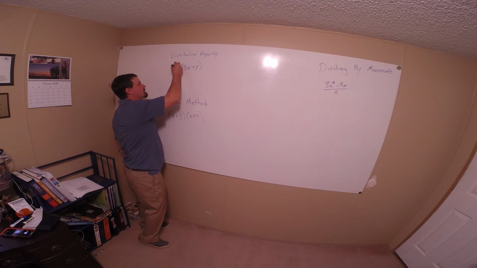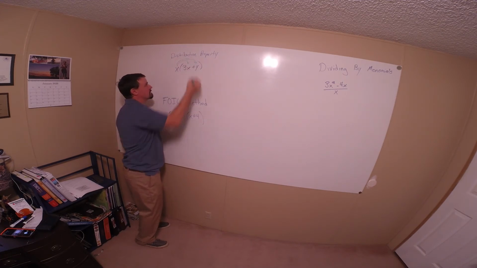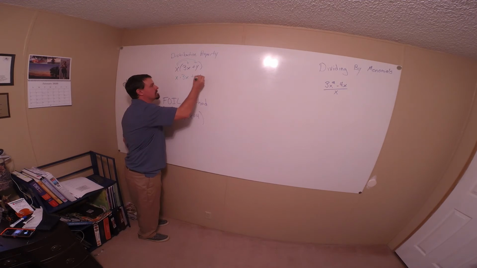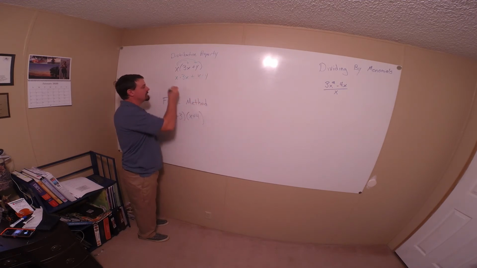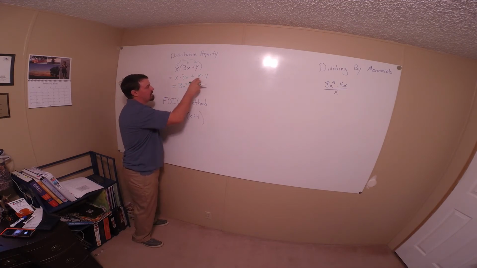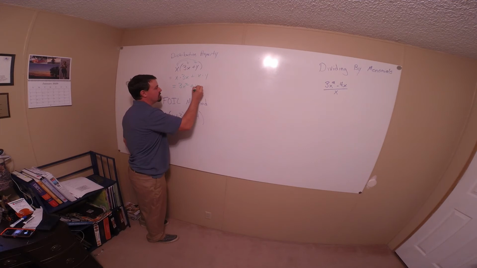So I'm going to distribute this x to this 3x, and I'm also going to distribute this x to this y. So x times 3x plus x times y. All I have to do now is simplify. x times 3x is 3x squared, and x times y is simply xy.